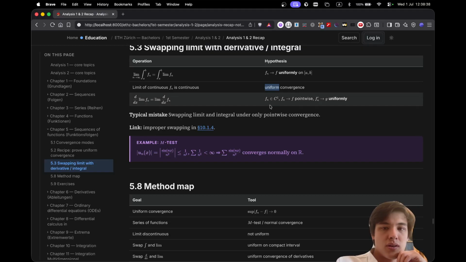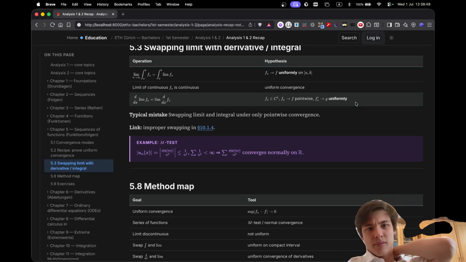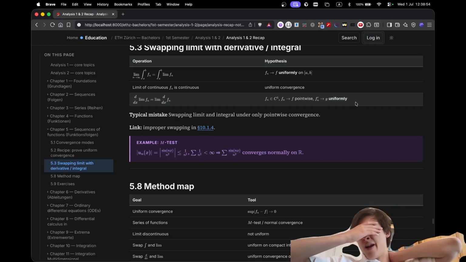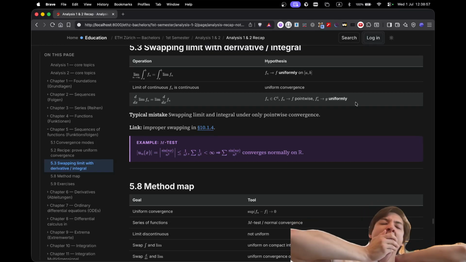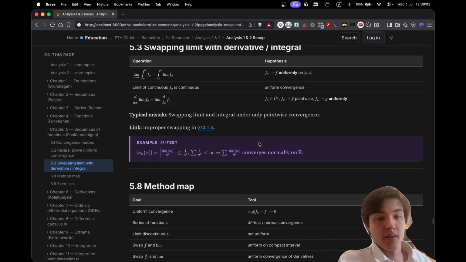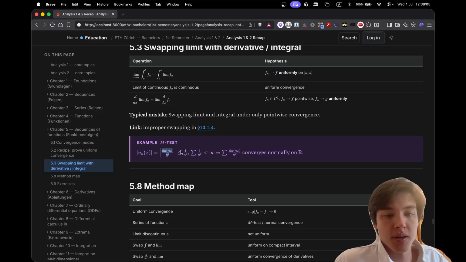Take the limit out if f_n is continuous, pointwise, and uniform. This up here is bounded by 0 and 1, so it's smaller or equal to this.